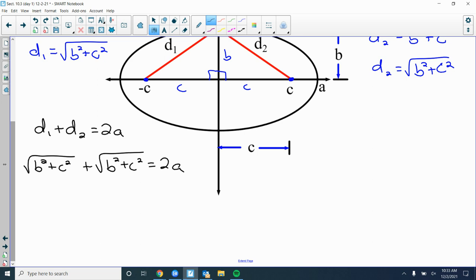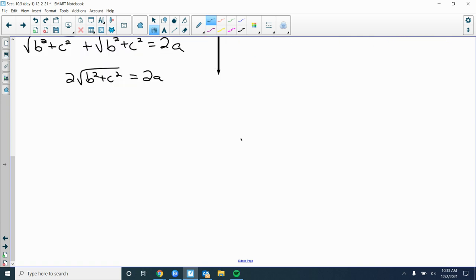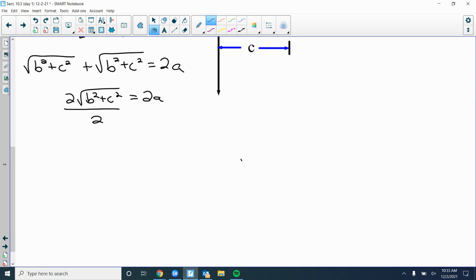They're both exactly the same thing, right? What do I get when I add those two together? Or can I add the two together? Yeah, you just make it 2 square root of b squared plus c squared equals 2a. I'm going to divide both of these by 2. And I get the square root of b squared plus c squared equals a.